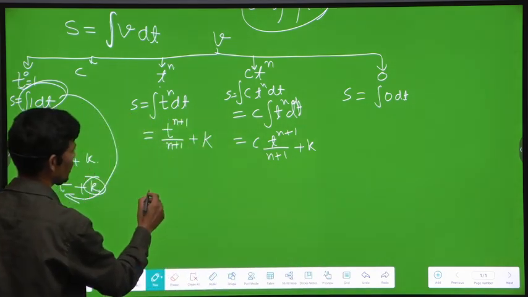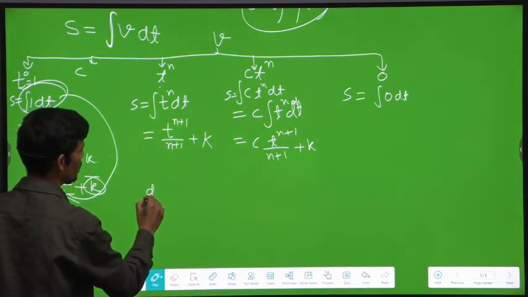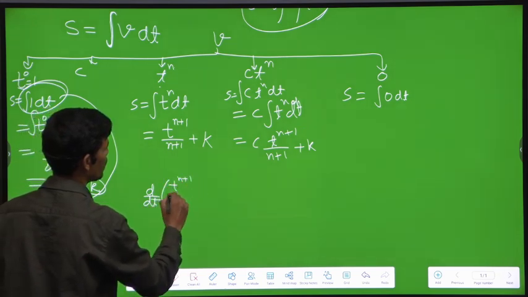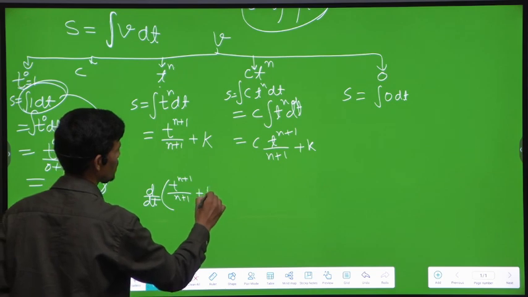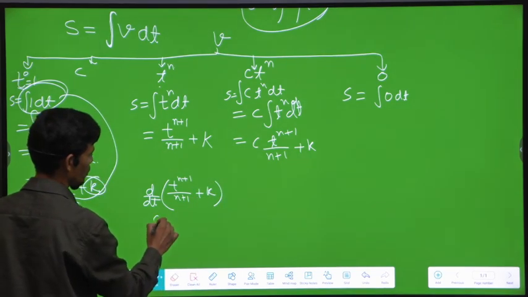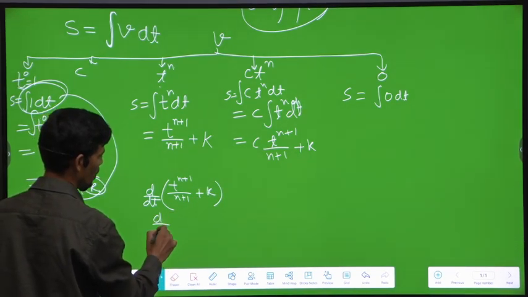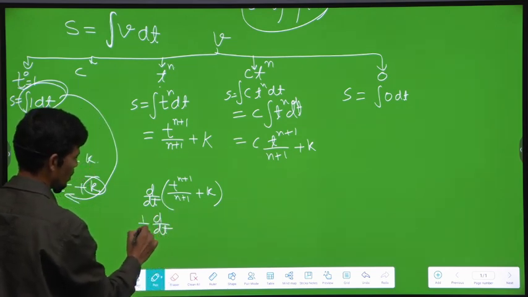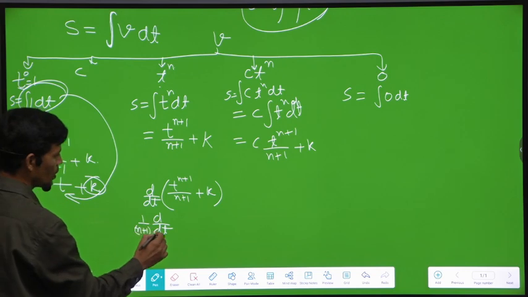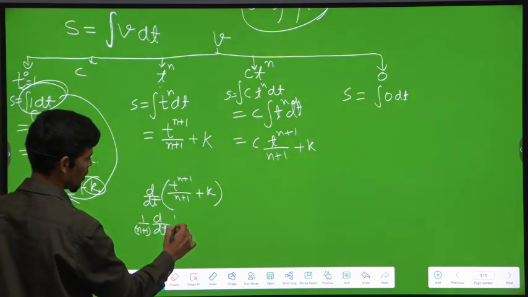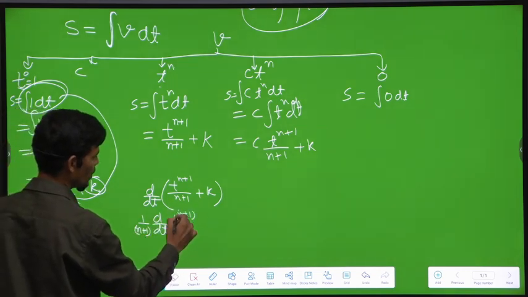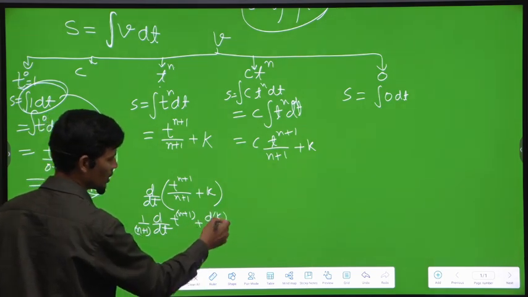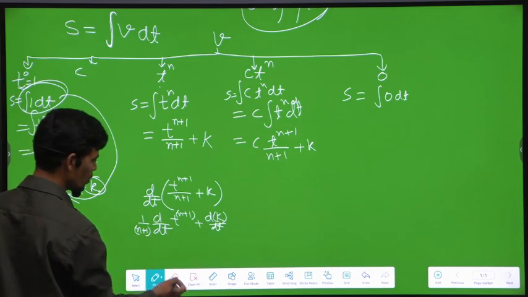So d by dt of t to the power n plus 1 upon n plus 1 plus k. Here, n plus 1 will come out, and here it is t to the power n plus 1, plus dk by dt, that will be 0 because it's a constant.